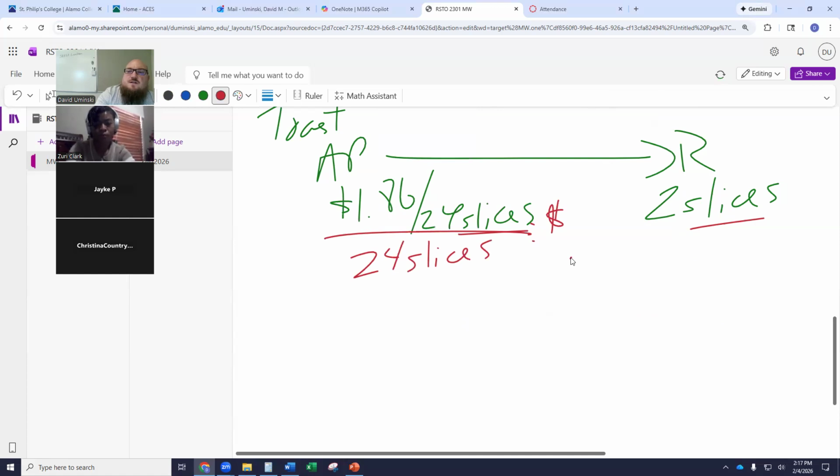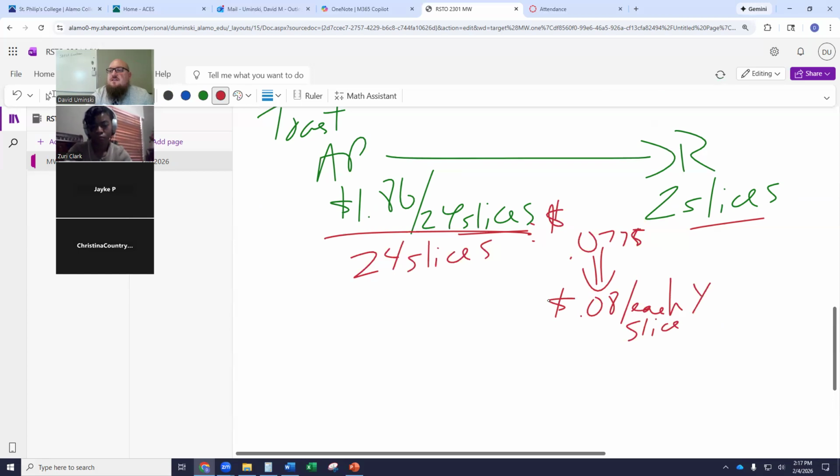This is 0.0775. We're dealing with dollars and cents. So what does this actually round up to? Up to what? 8 cents, exactly. And now if we need 2 slices, that comes out to 16 cents.